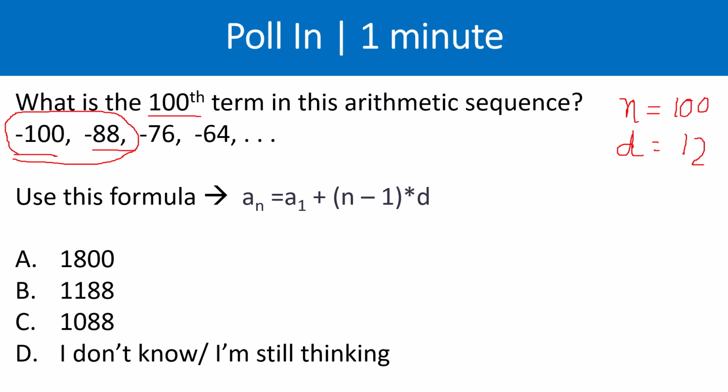And then we'll plug that into this formula. We want the 100th term. So A sub 100, another way of writing the 100th term, is equal to the first term, negative 100, plus n minus 1. 100 minus 1 is 99, times 12.